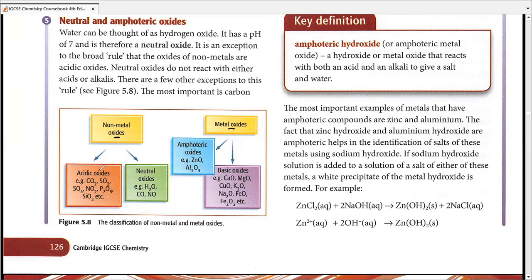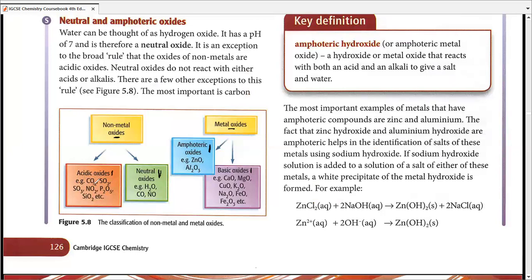If I talk about non-metal oxides, they are divided into acidic oxides and neutral oxides. If I talk about metal oxides, they're divided into amphoteric oxides and basic oxides. I'm going to rearrange them a little bit differently so that you'd understand what they are.